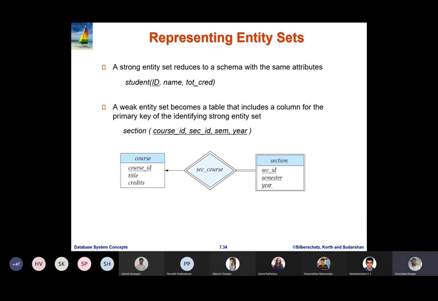It is going to be the union of the primary key of the strong entity with the other attributes present in the weak entity. So it's going to be course ID, the primary key attribute of the strong entity, union all the other attributes present in the weak entity: section ID, semester, year. So this is how you represent the weak entity.